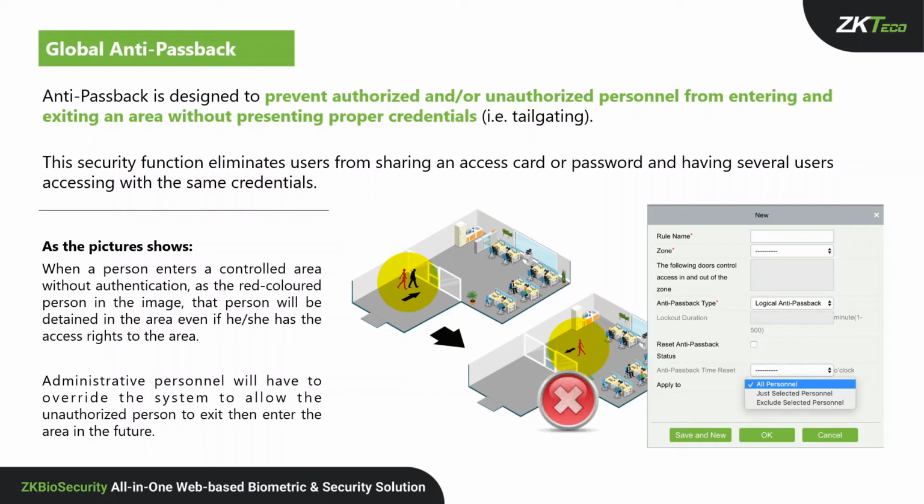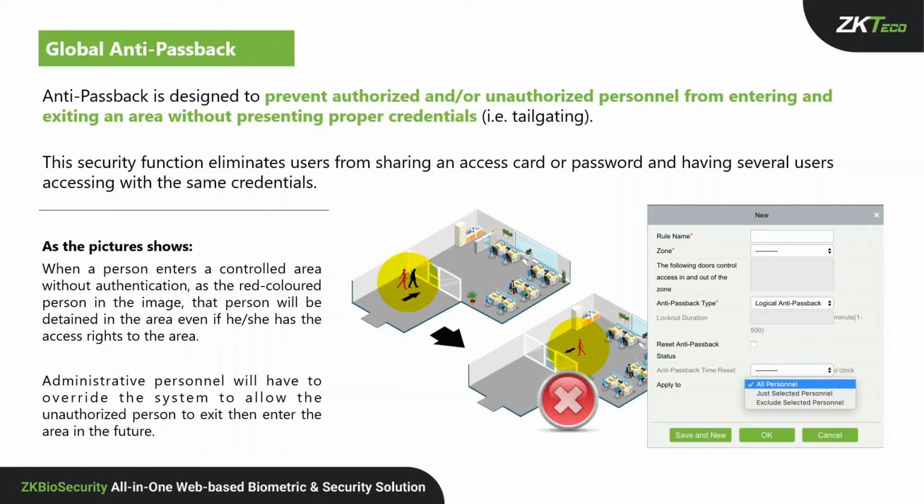You can enter in device 1 and then exit in device 5. That one is okay. That is global anti-passback. And if it is a controller, you enter in door 1 of controller 1 and then exit in controller 5, you can do that also.